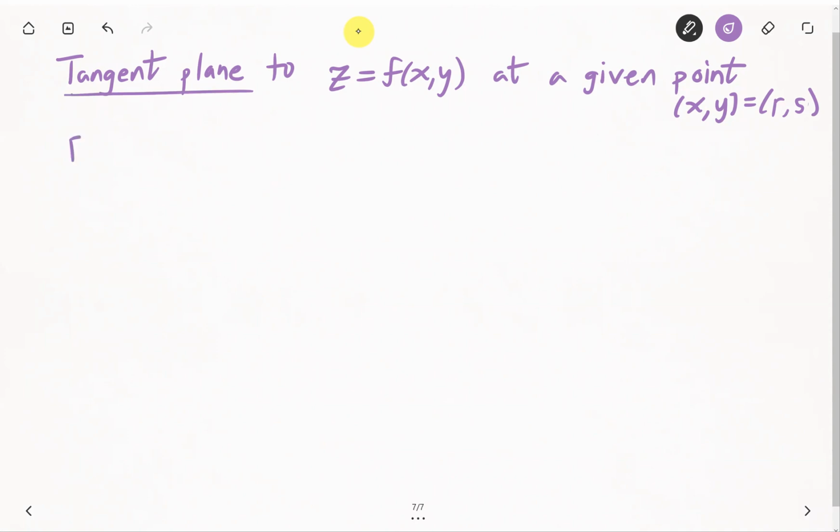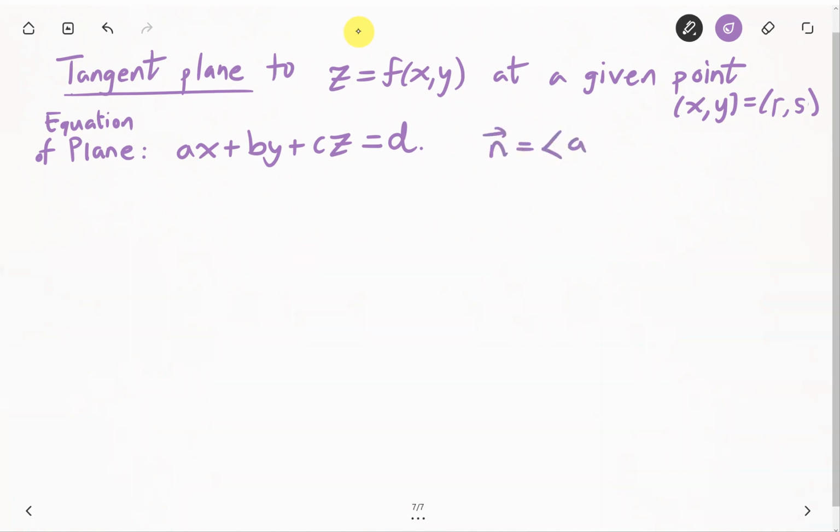Well, in general, the equation of a plane, one very nice way to write it is in the form ax plus by plus cz equals d. And that's the general equation of a plane. You can think of a, b, and c, if you gather them into a vector, that gives you a way of indicating the slope indirectly.